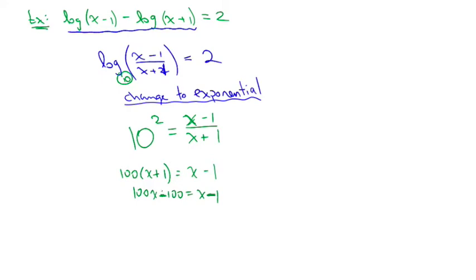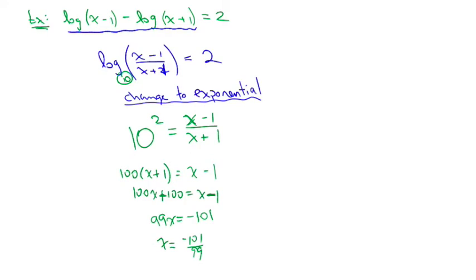This is plus. Alright, so if I subtract X from both sides, that gives me 99X. If I subtract 100 on both sides, it gives me negative 101. And then divide both sides by 99. So you get X is equal to negative 101 over 99.